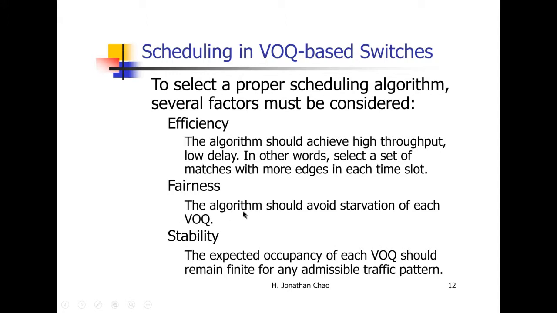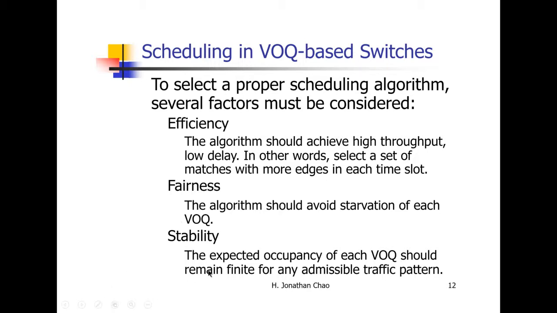We also have to take fairness into account when trying to make scheduling. We should not serve all the input and output pairs in the same way without discriminating a certain input and output pair, which, for example, is never selected.